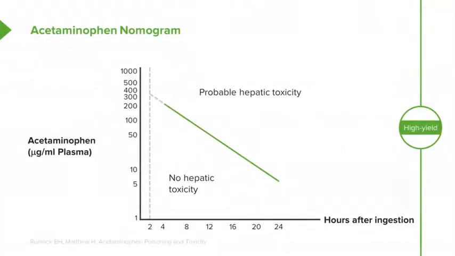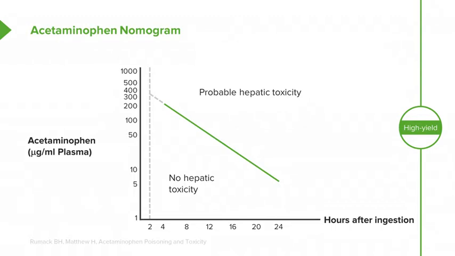If a patient was alone between, again, 8 and 11 p.m., we're going to guess that it was at 8. We want to imagine the worst case scenario. And then we'll draw how many hours out and plot a point, the level and how many hours out from when they ingested the drug. If the dot is above the line, we will treat. If the dot is below the line, we will not treat.